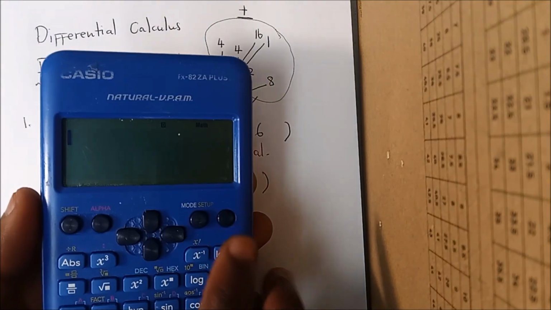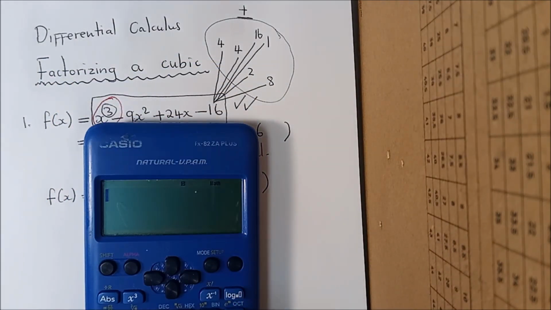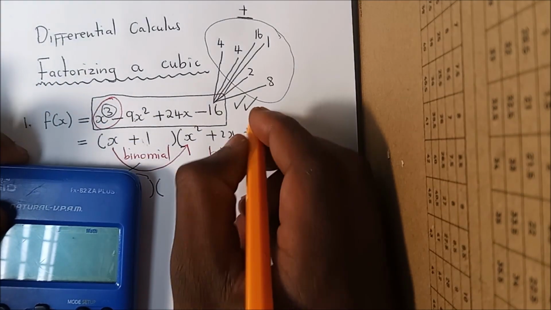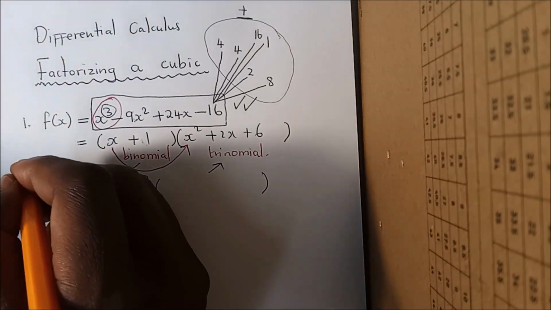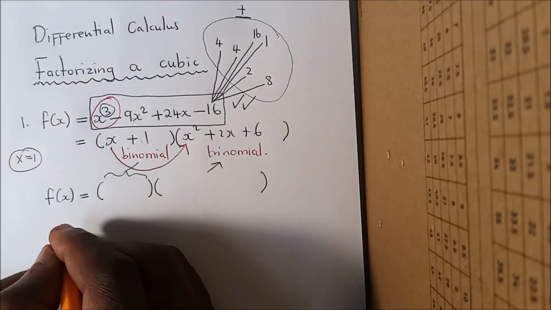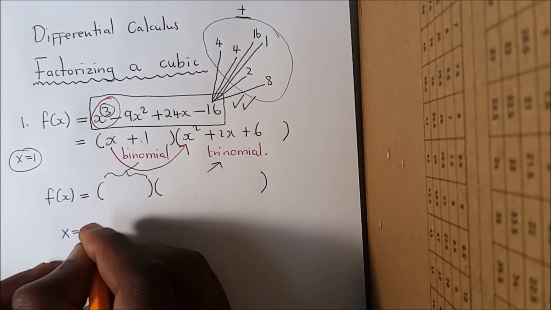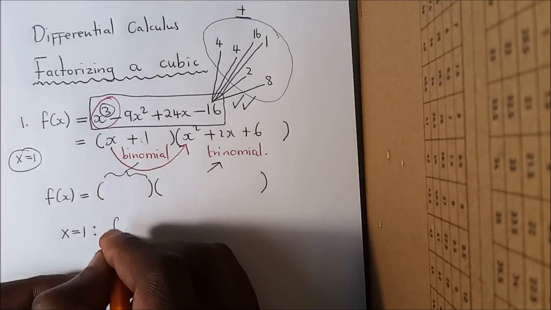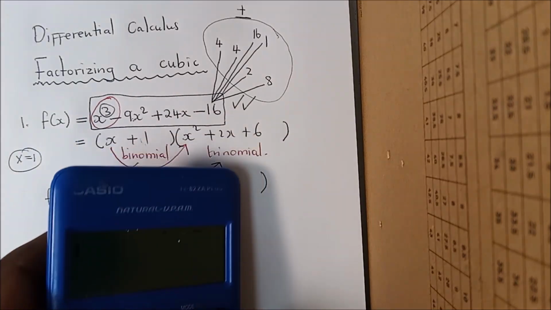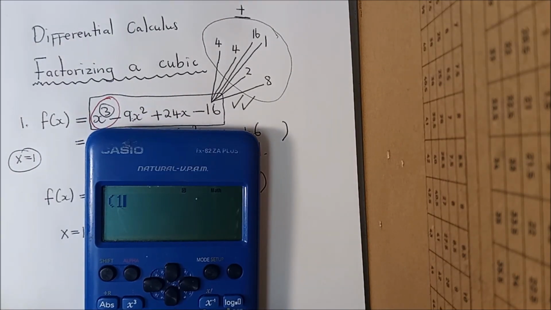So now here is my calculator. I can highlight on the side. I'm substituting x equal 1. Let me put it here: x equal 1. So now if x equal 1, I want to know what is my f of x. So now this is 1, and I put them in brackets because I don't want to make a mistake.